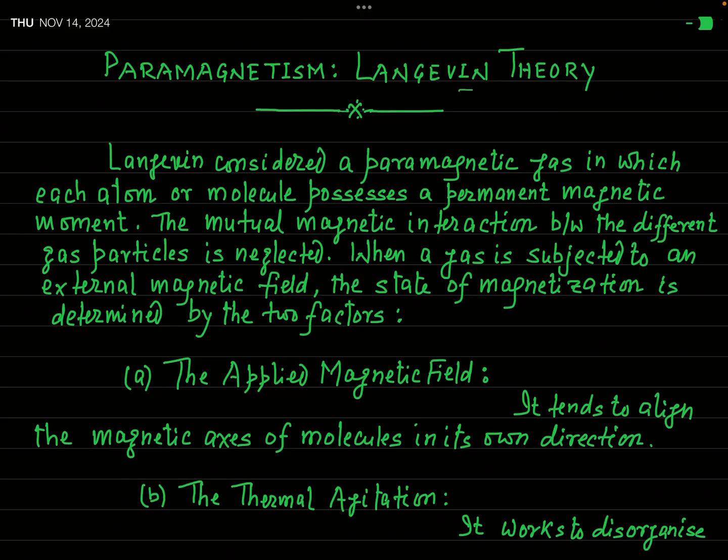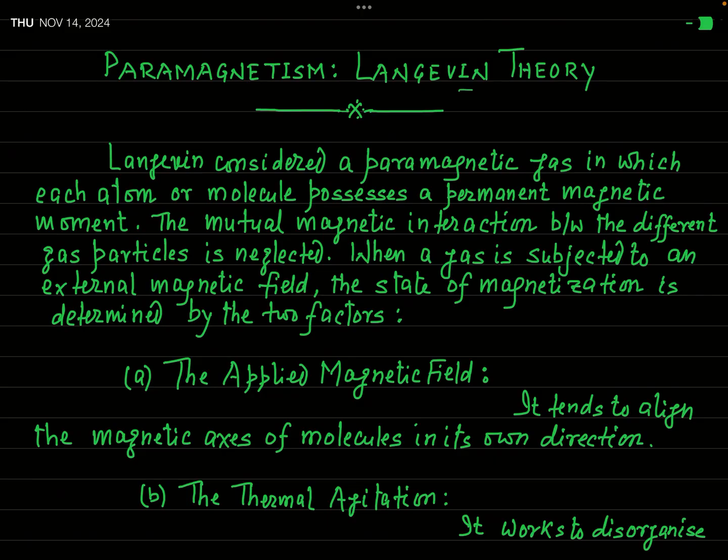So you can say that there are two classical theories of paramagnetism. The basic theory was provided by Langevin, and then Weiss modified this Langevin theory where the original Langevin theory fails. After learning about the Langevin theory and the Weiss theory, both classical, we will learn about the quantum theory of paramagnetism.